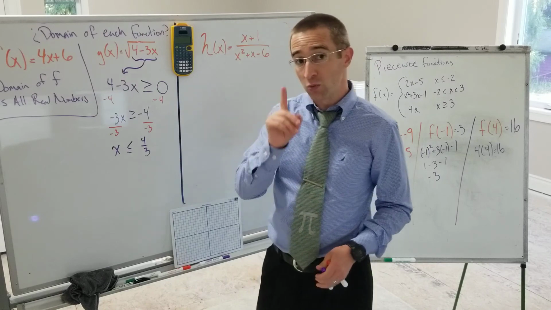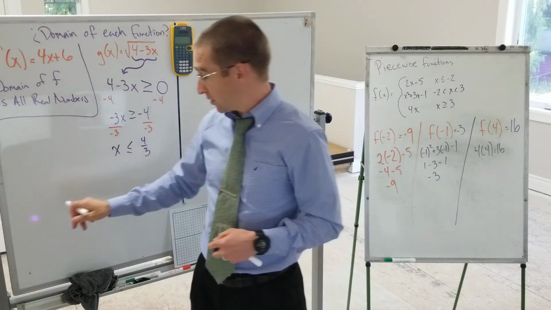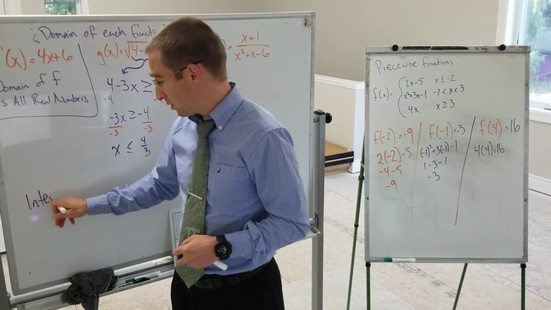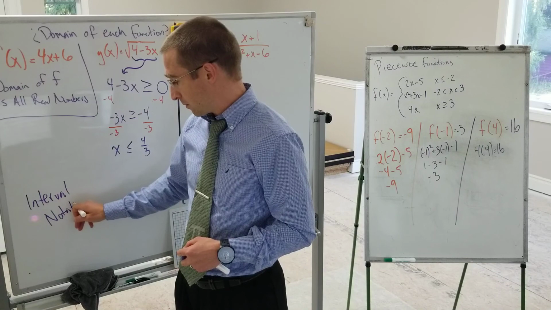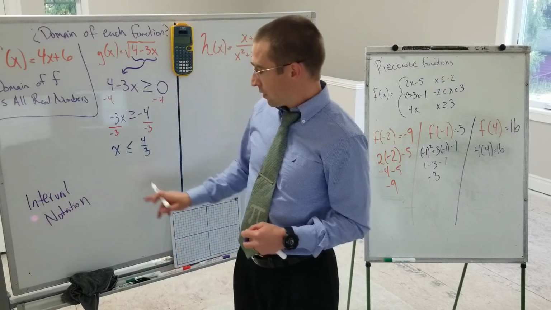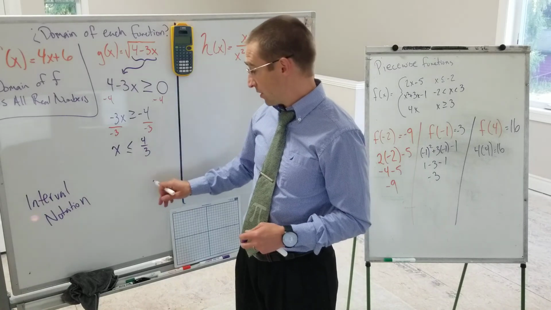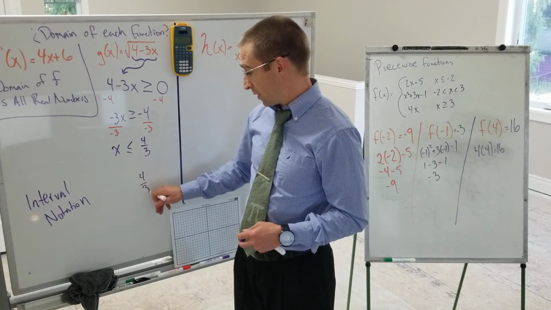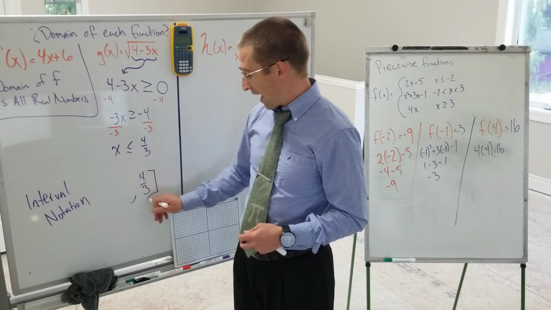So now we're going to write the domain using what we call interval notation. So here, we've got all the x's that are less than or equal to 4/3. So we write 4/3 as our biggest one, and we put a bracket after it.